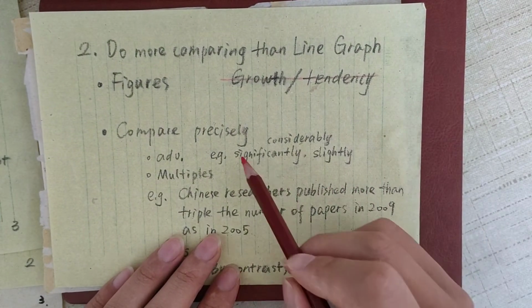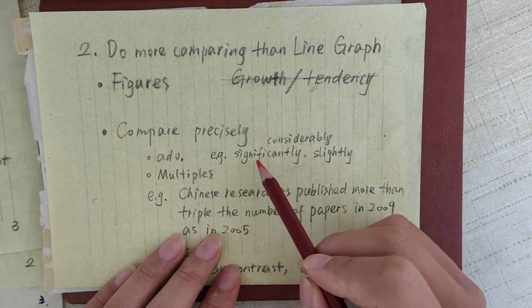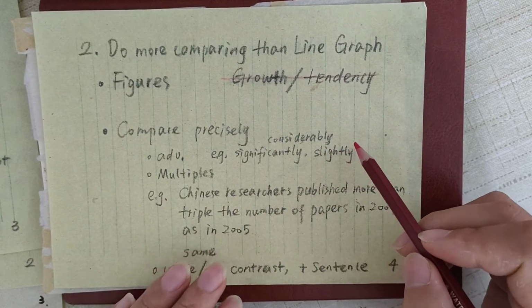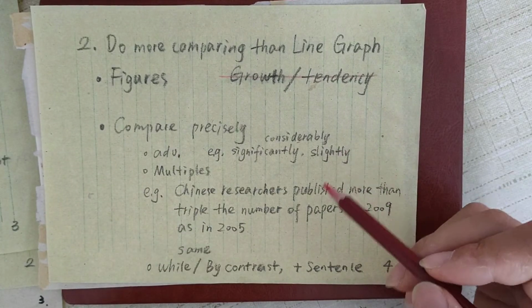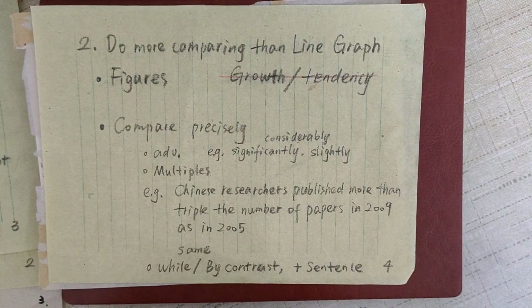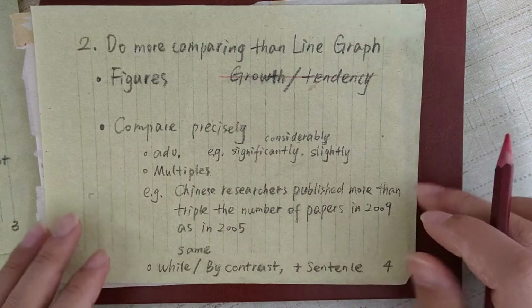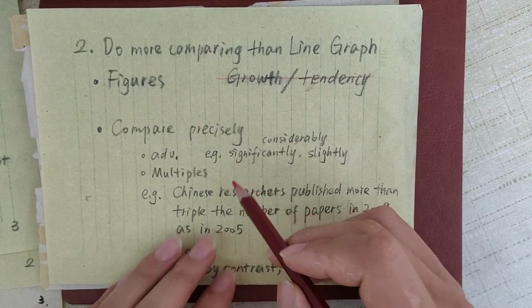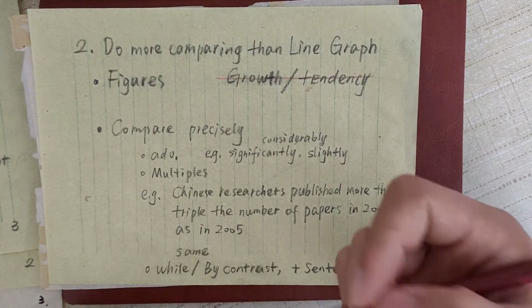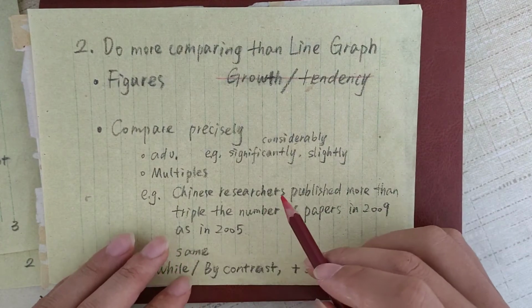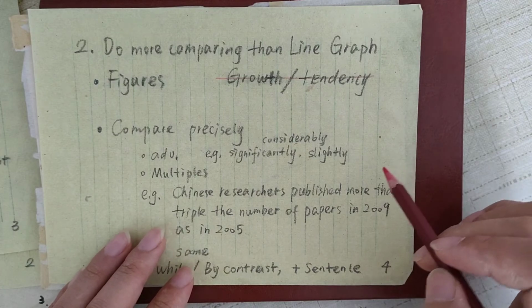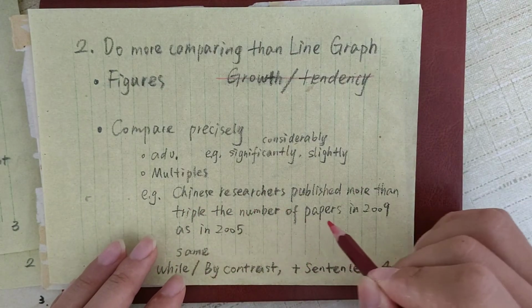For example, we could use significantly or considerably when you want to say A is much more than B. But much more is oral speaking English, while we could write A is considerably more than B. This is written words.